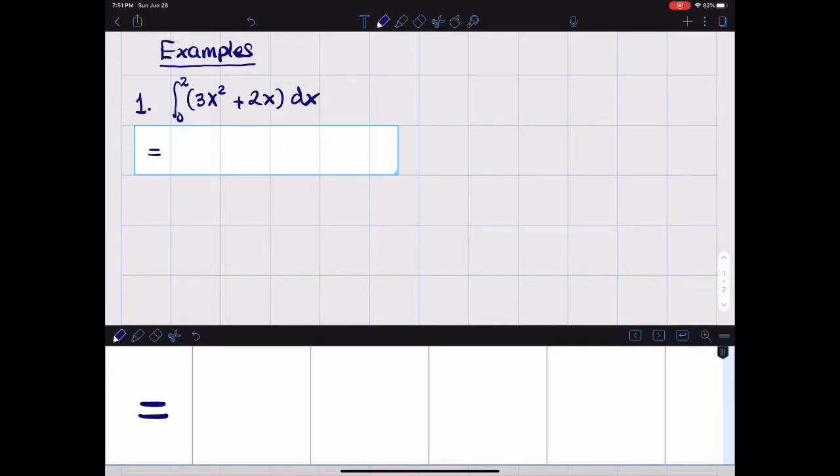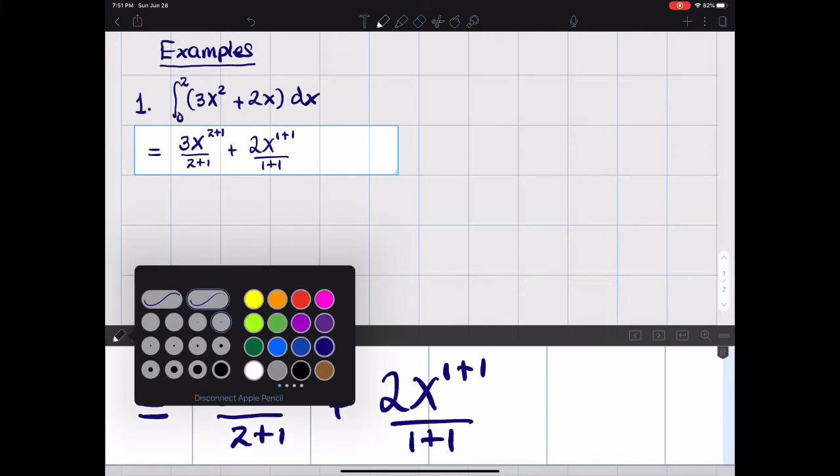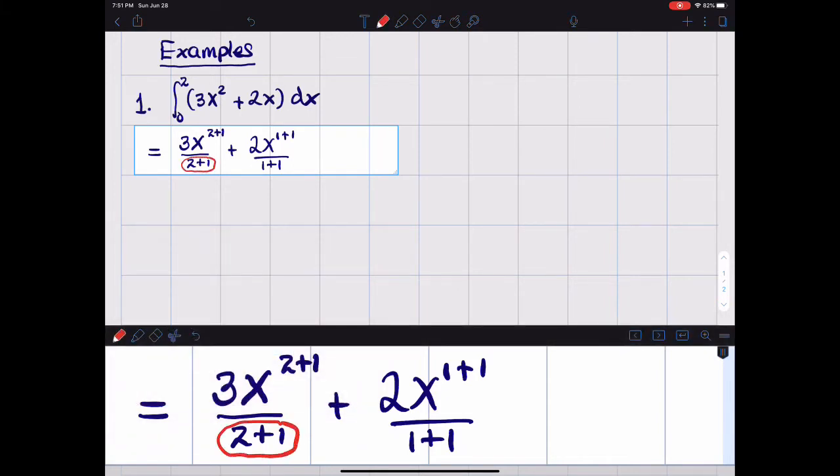The antiderivative of 3x squared plus 2x: you use the power rule, which means add 1 to the exponent and divide by the result. For the 2x, there's already a 1 there. Add 1 to the exponent and divide by the result.